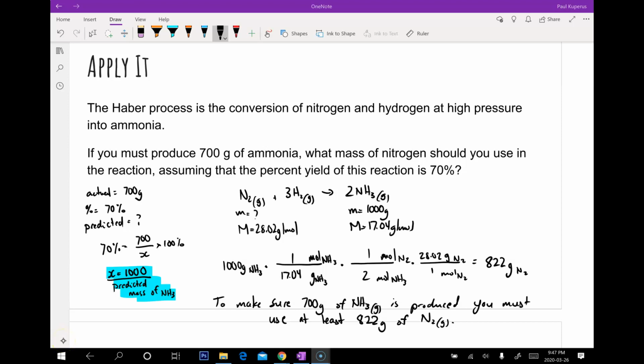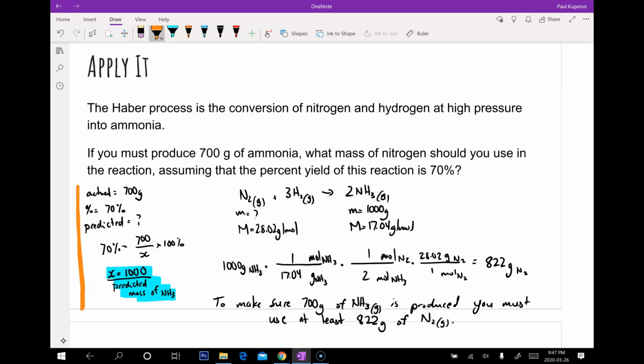The tricky part to wrap your head around possibly is viewed over here, where our actual mass that we need to produce is 700 grams. So what would our predicted mass have been if we have that 70% yield? We have to work backwards to figure out what the predicted mass is.